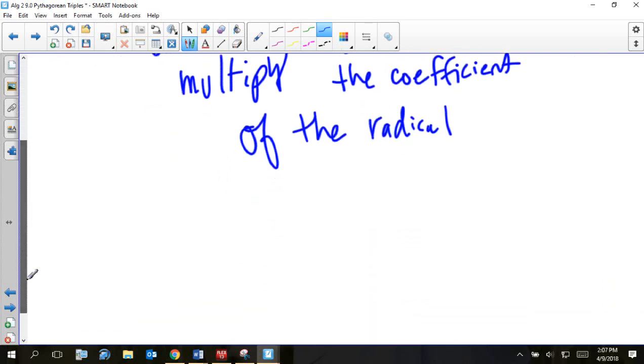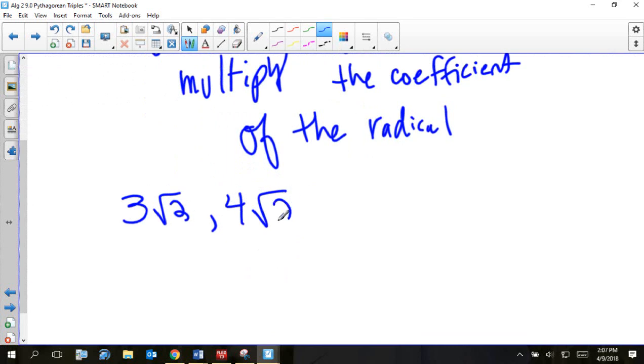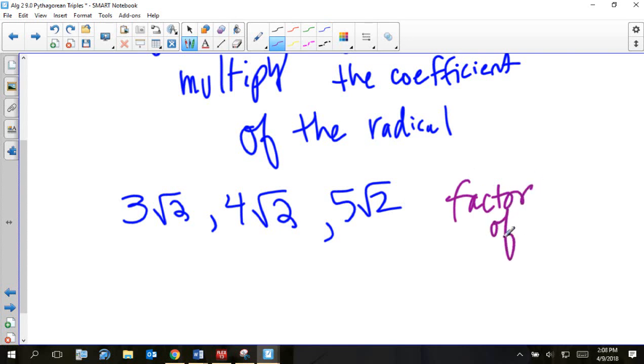What if you had, what would be my third side of this triple? Jacob. What if you had a factor of radical 2? So now we're going to take those and we're going to multiply each one by radical 2.